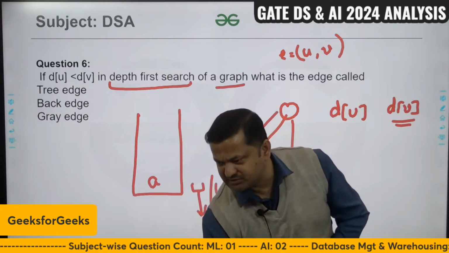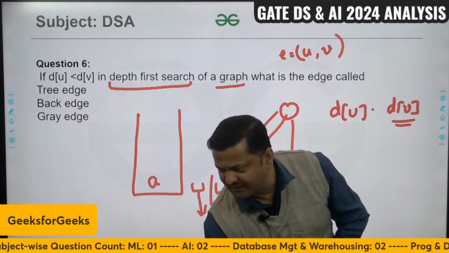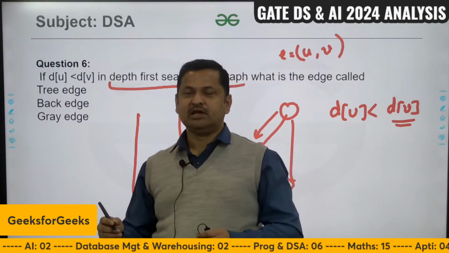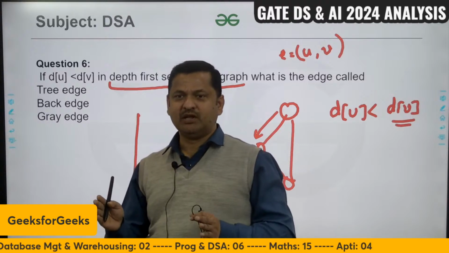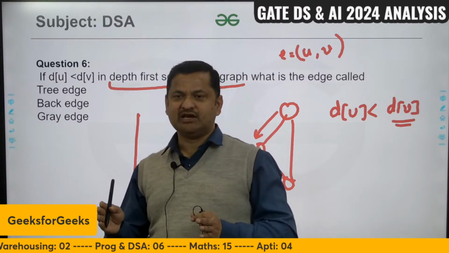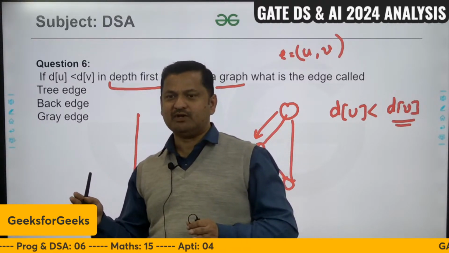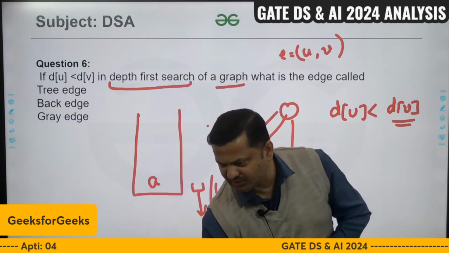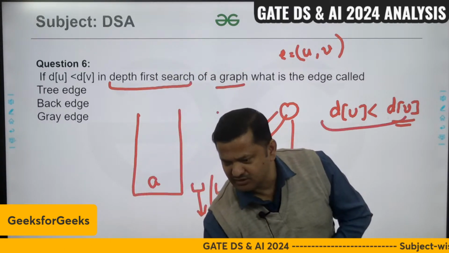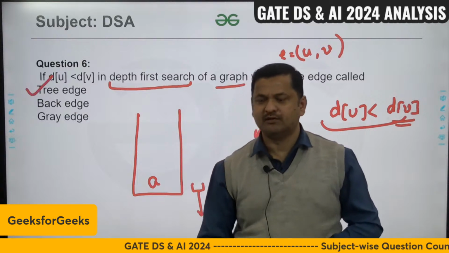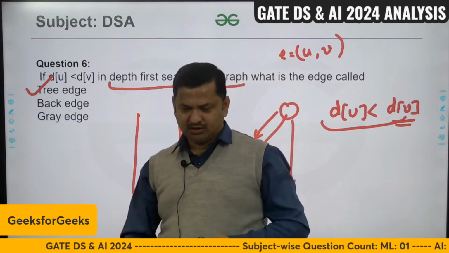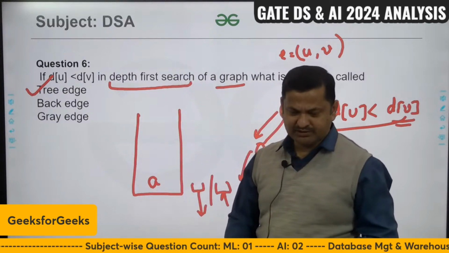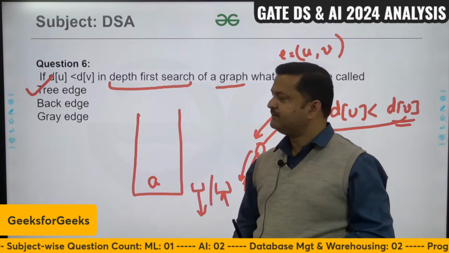In that case, d[u] is lesser than d[v] of the next node of the edge. Then we can say this edge is safe, or that we can visit a new node. If this criteria is fulfilled, it is known as a tree edge. So this is the first option for the given question.